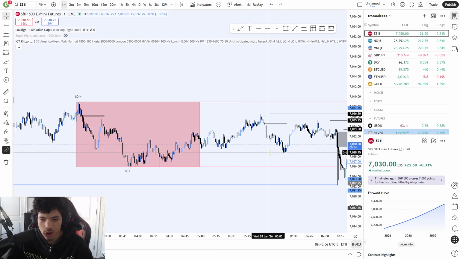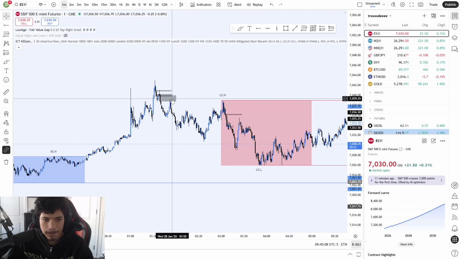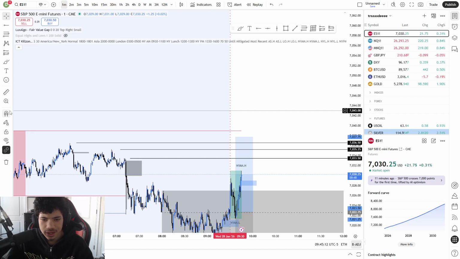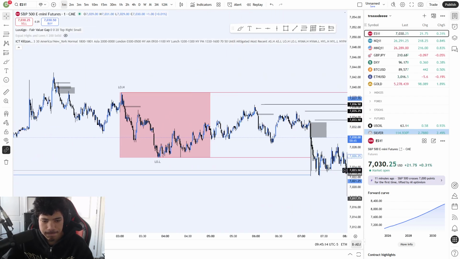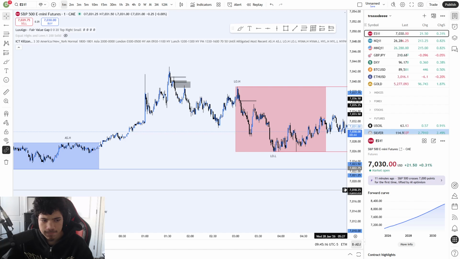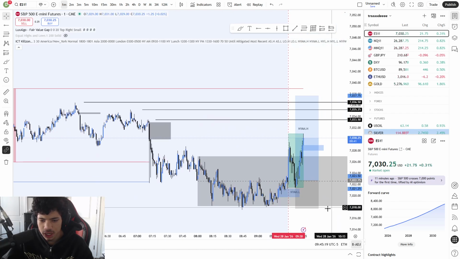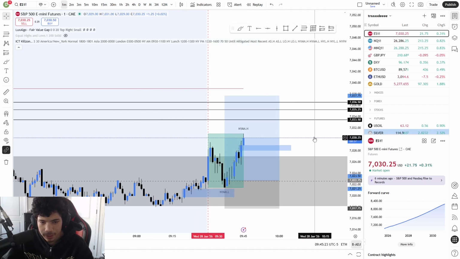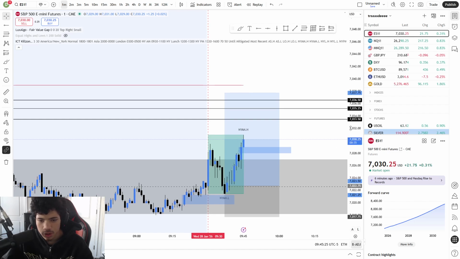It will not go untested. Let's see, what is that? I don't even want to know. Asia low was already touched. Got all this chop in here. Looking pretty good.